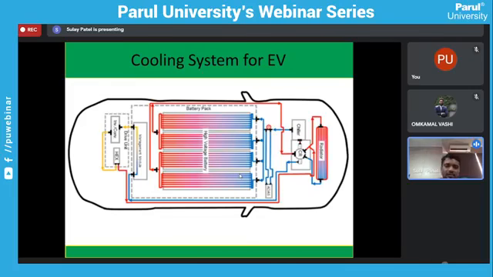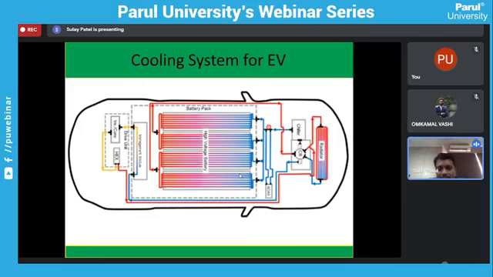Now this is the cooling system for an EV. The question is, there is no heat generation over here, no engine is there, so why do we require a cooling system? As we know, we are utilizing a variable frequency drive, and when we draw very high power very quickly from the battery for acceleration, the battery gets heated.